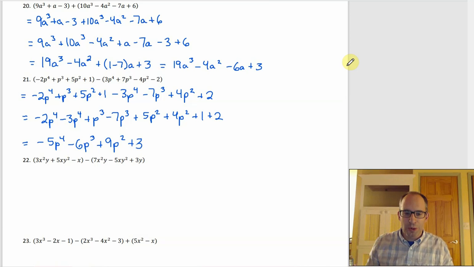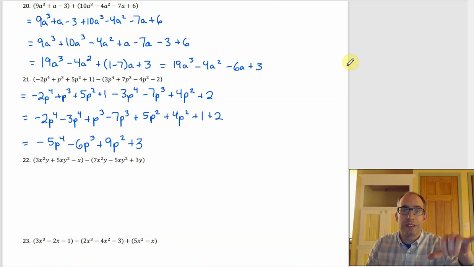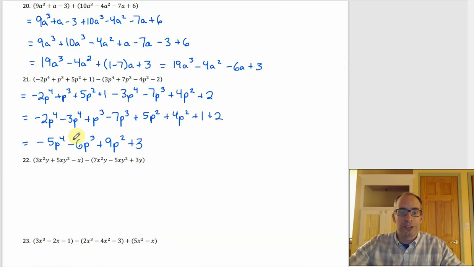The next one where you have multiple variables, I guess the main thing to remember is that if you're going to combine terms, they have to have the exact same combination of variables. So you can have degrees that are the same where you can't combine those terms. Like for instance, we're not going to combine the 3x squared y with the 5xy squared, right?